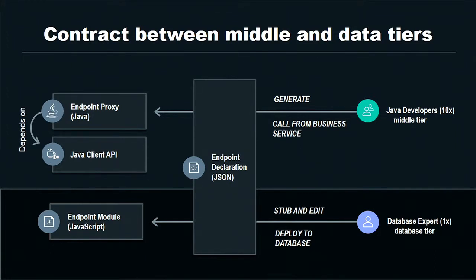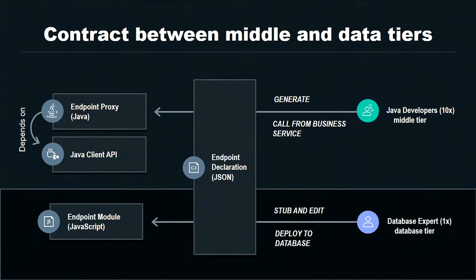And the Java generalist uses MarkLogic tools that read that JSON file that has the contract between the generalist and the database expert. The MarkLogic tools read that declaration and generate a Java interface. That Java interface is what the Java generalist uses.